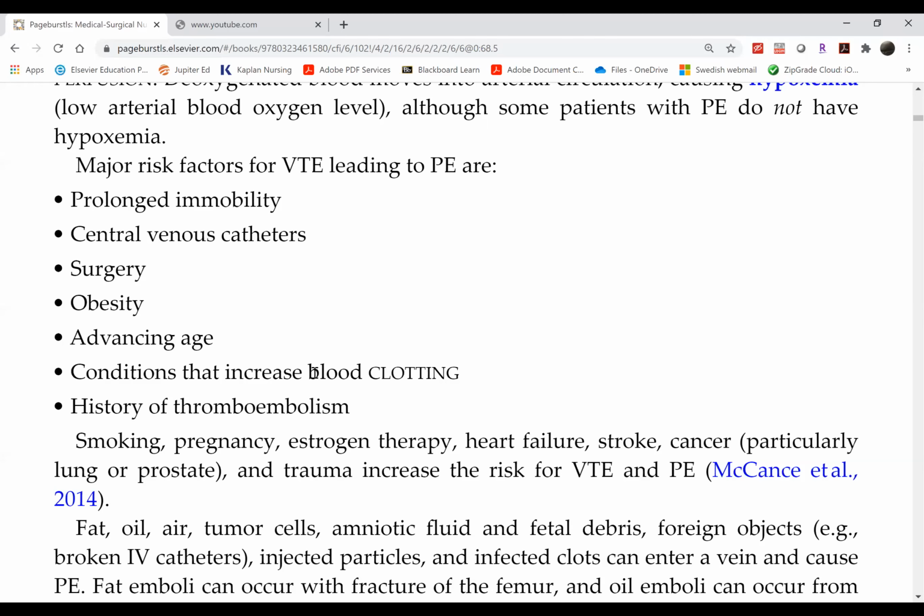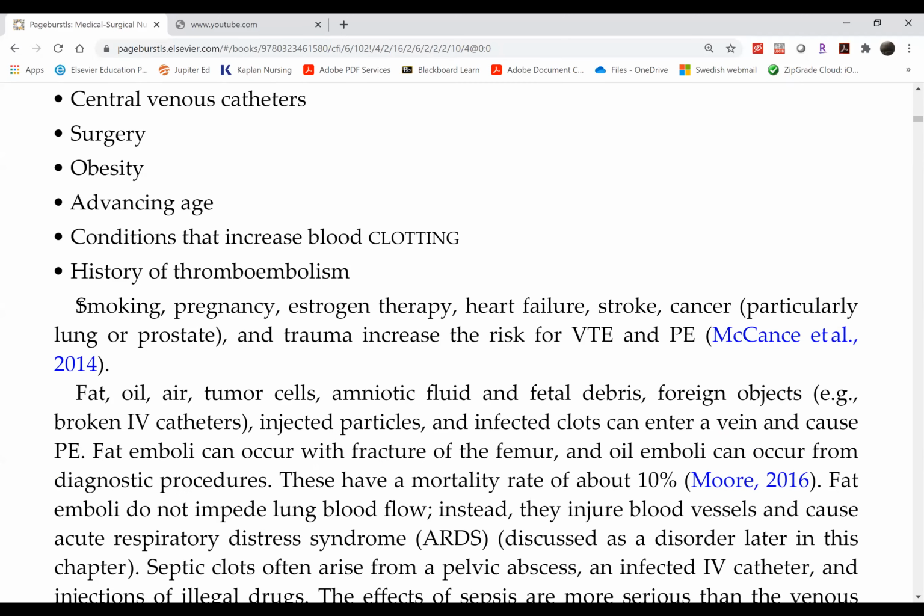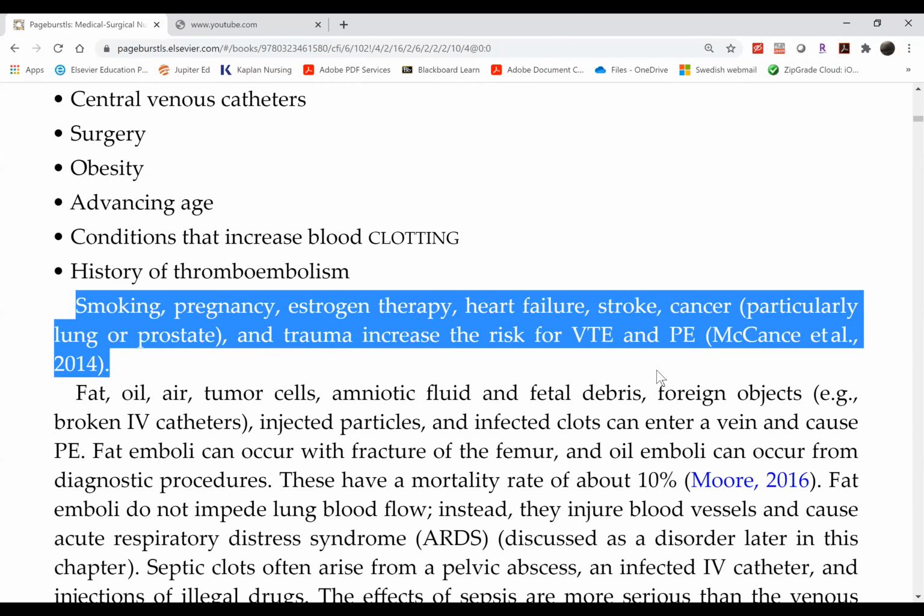And conditions that increase blood clotting, I mentioned cancer, people taking long-term steroids, or those on oral contraceptive pills, also people who smoke, or if you have a history of thromboembolism, meaning you had a risk before, they usually do not go away. So these are some more examples here.